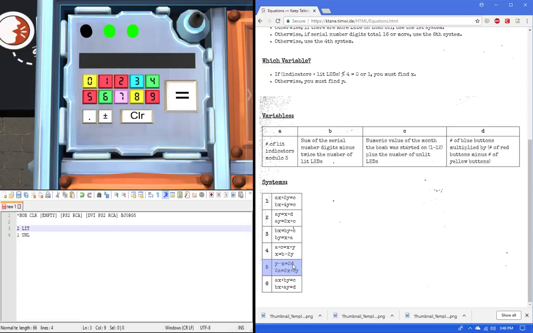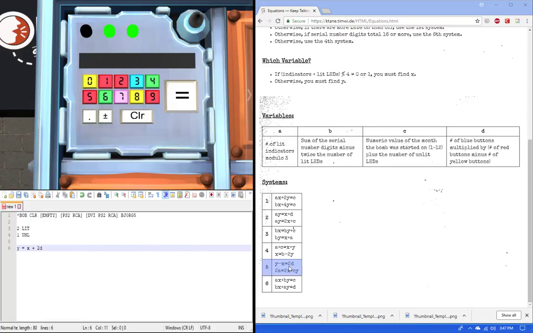So y minus x equals 2d. So let's see. This is going to be rather tricky. So we got to set everything to y. But this is a rather tricky one. So I can do y equals x plus 2d, which is our first thing.